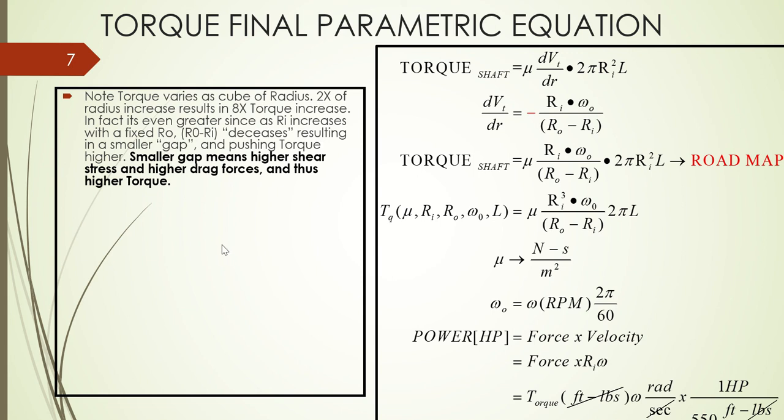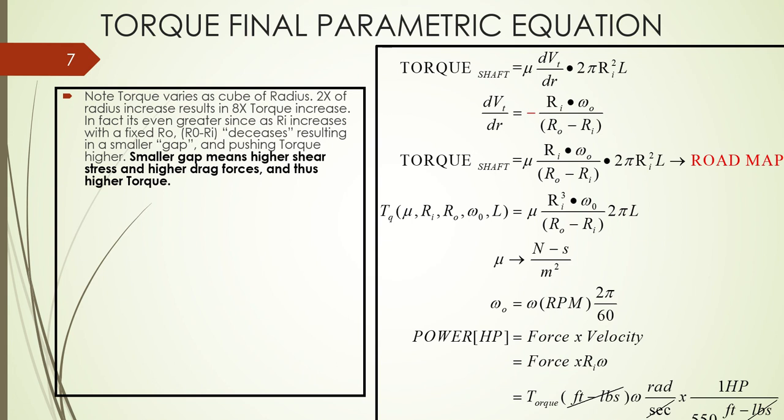So a 2x increase in my radius results in an 8x increase in torque. In fact, it's even greater since as r sub I increases with a fixed value of r0, r0 minus ri will decrease, resulting in a smaller gap and pushing torque higher.